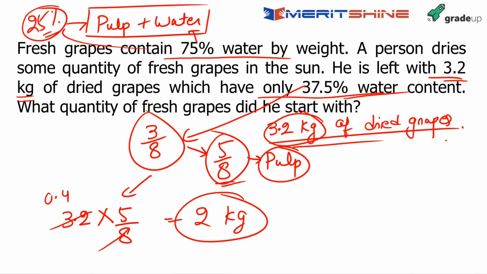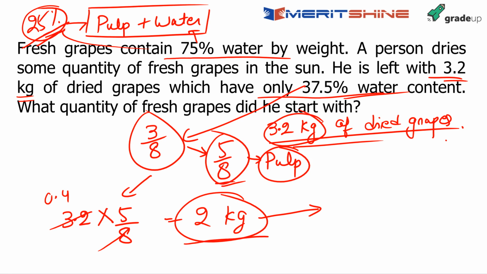So in these dried grapes, the total quantity of pulp is 2 kilograms. You do not do it like that, but I am showing you stepwise; you do it directly. Now if this is 2 kilograms, what is the proportion of pulp in the fresh grapes? It is just 25%, because 75% is water.